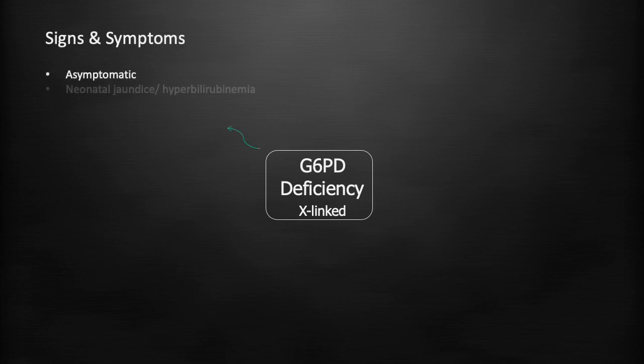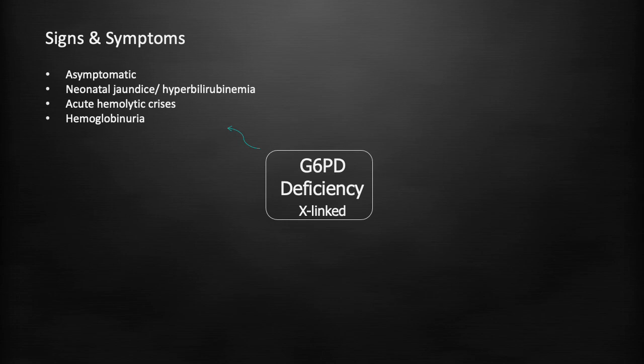So let's have a recap on G6PD deficiency. G6PD deficiency is an X-linked disorder where the gene is found on the X chromosome. Usually, this disorder is asymptomatic, and perhaps there could be neonatal jaundice or hyperbilirubinemia.